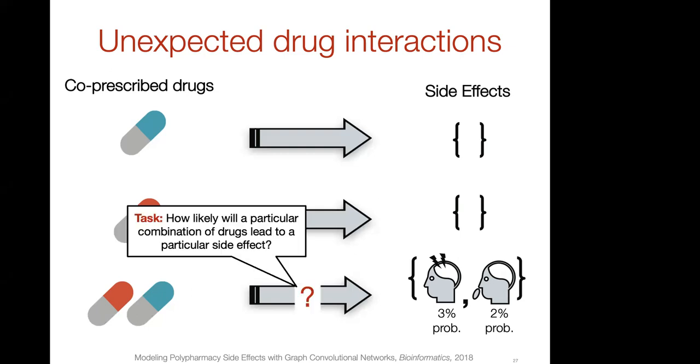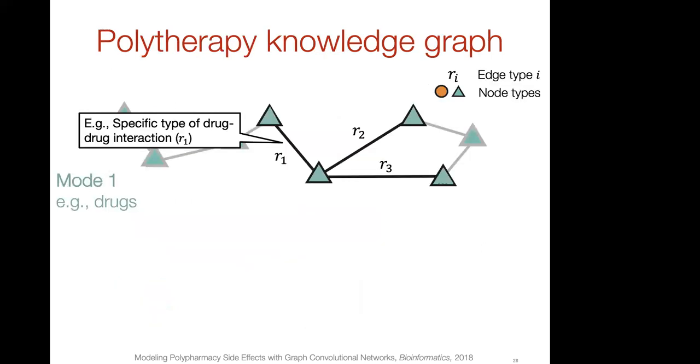So the question then becomes, can we design a model that will predict how likely it is that a particular combination of drugs will lead to a particular side effect. And so to tackle this problem, we built a large polytherapy knowledge graph. That knowledge graph had information for all approved drugs in the US, their known interactions, and how those drugs work.